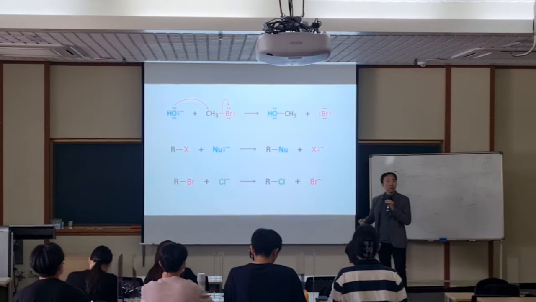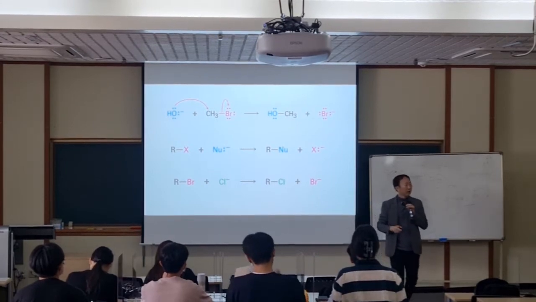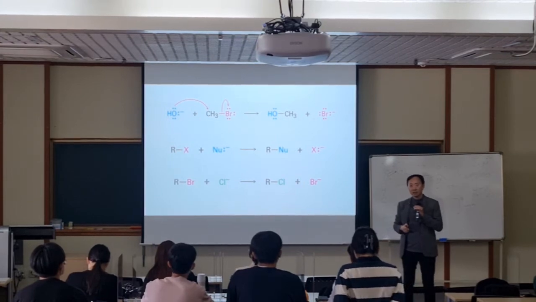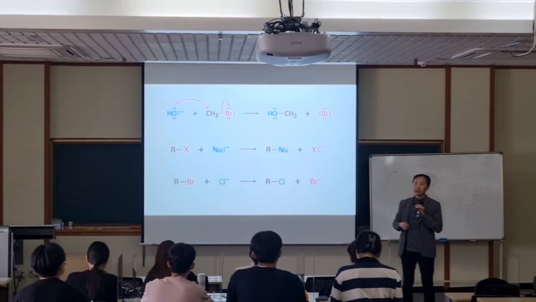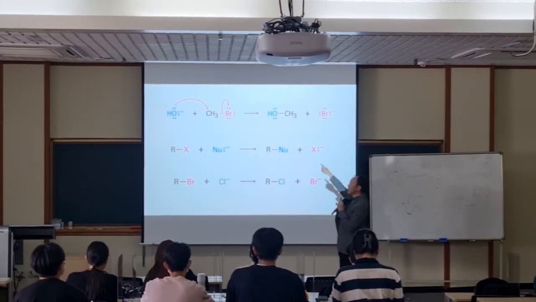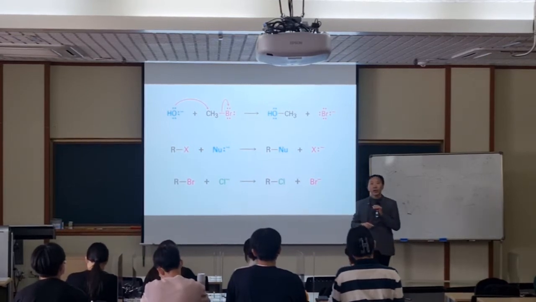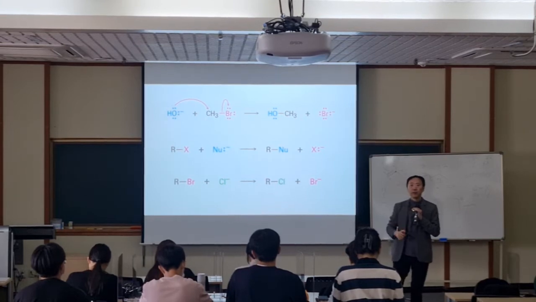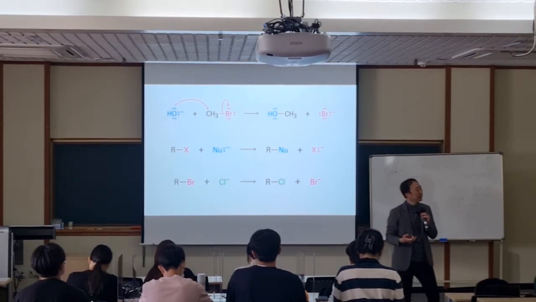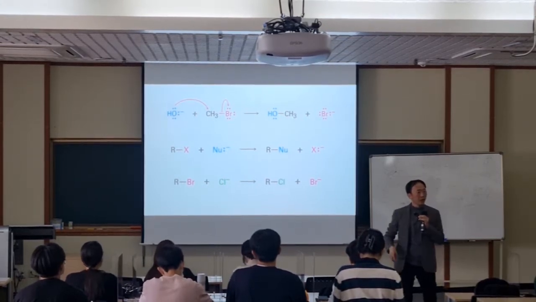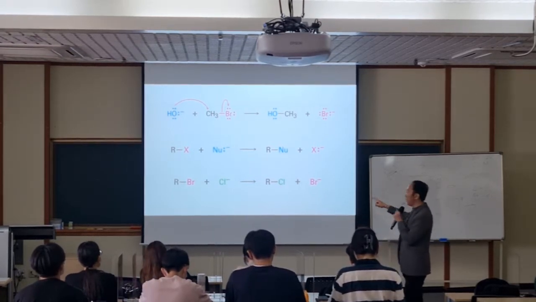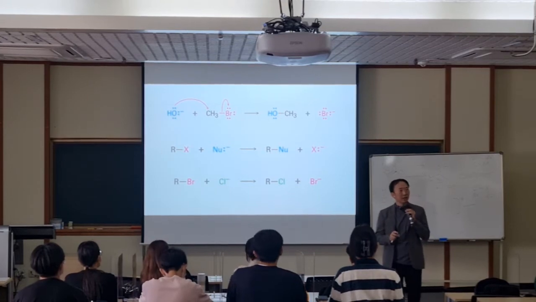But the first reaction, if you look at alcohol formation, that reaction practically is not an equilibrium. That reaction only goes this way. Why is it? What's the big difference? It's the same SN2 reaction, and the nucleophile is just changed here. Why is the first SN2 reaction not an equilibrium?